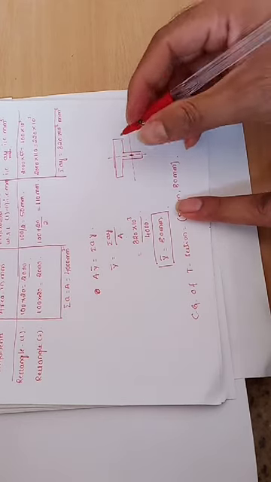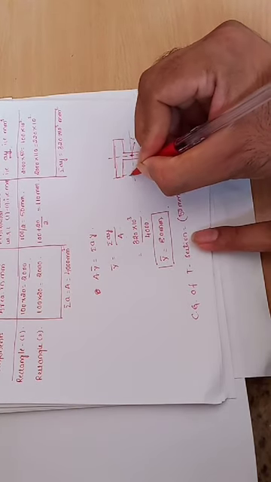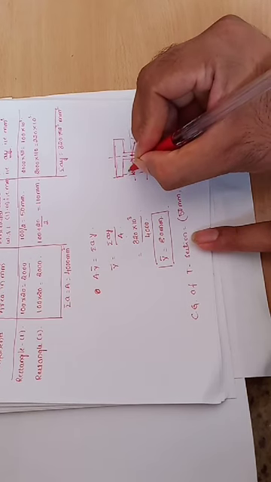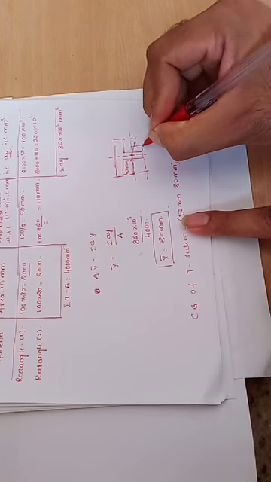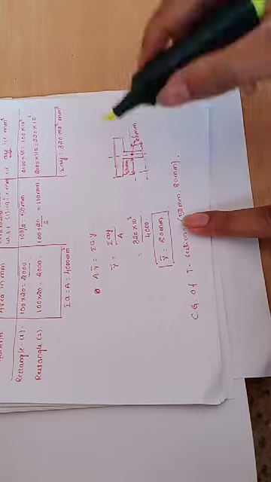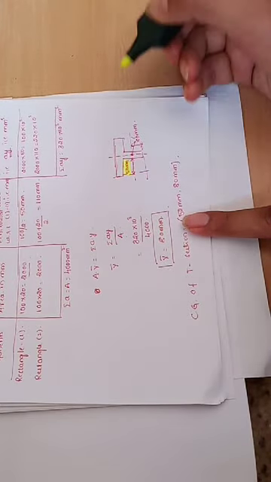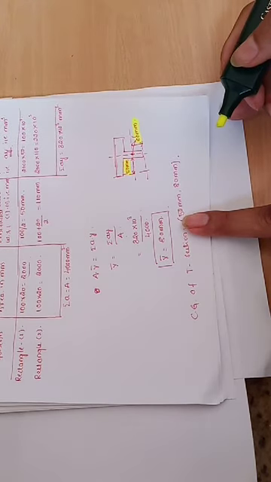So with reference to these two axes, here this is your axis of reference, so I can say this distance as 50 millimeter, and similarly this distance as 80 millimeter.